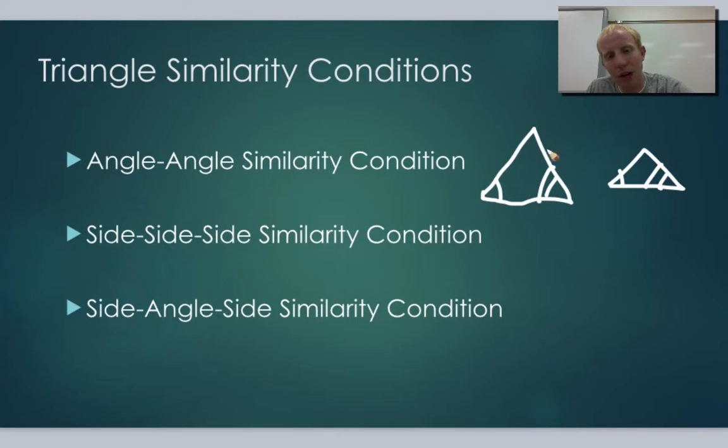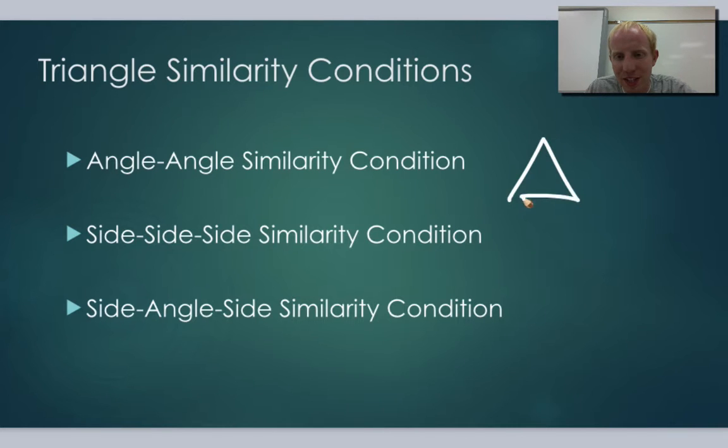You don't have to use any side lengths to find anything. You don't have to determine the third angle, although it will be the same. Two angles on that triangle, no matter which two angles they are, and we know that they are the same, then the triangles are similar. That's a huge shortcut.